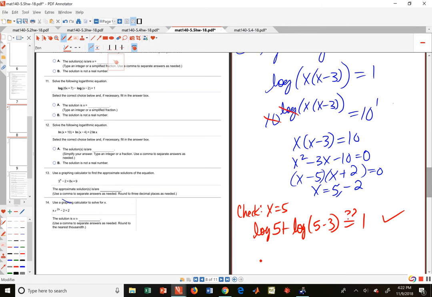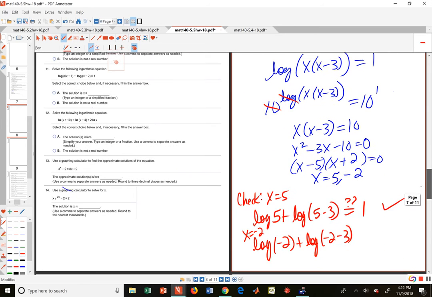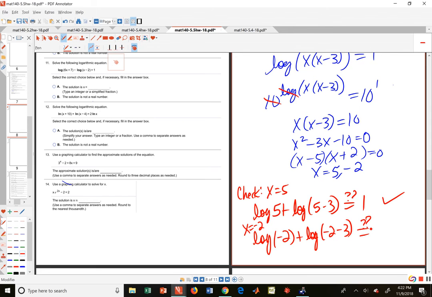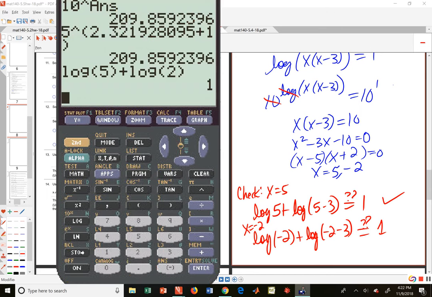But not the second one. If x equals -2, log of -2 plus the log of -2 minus 3 equals 1. Well, you're going to find out right away that it's not, because you can't take the log of a negative number.